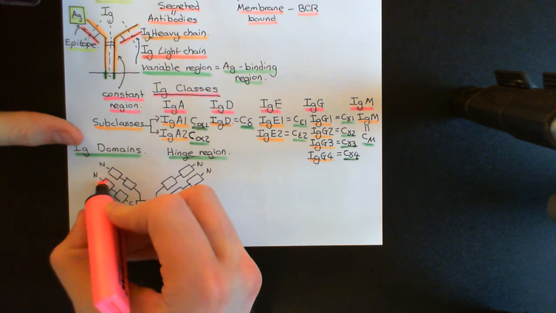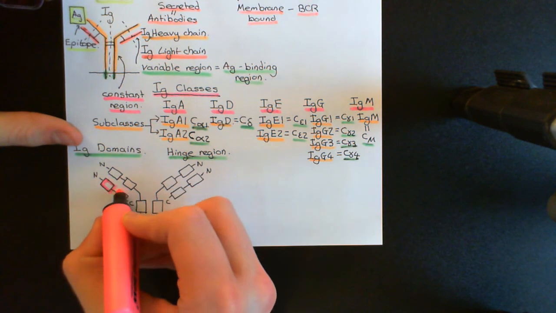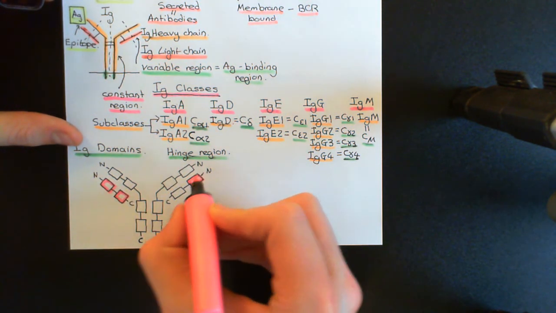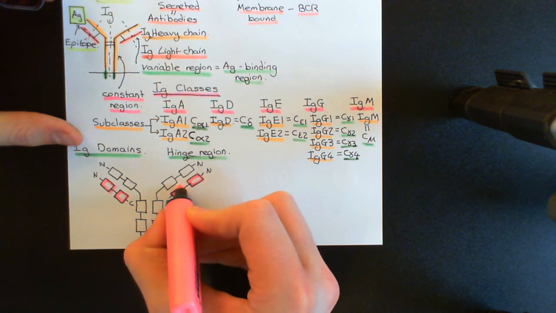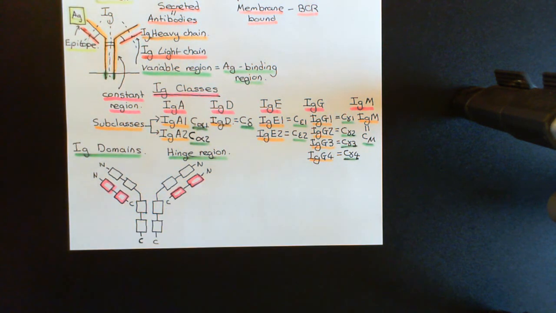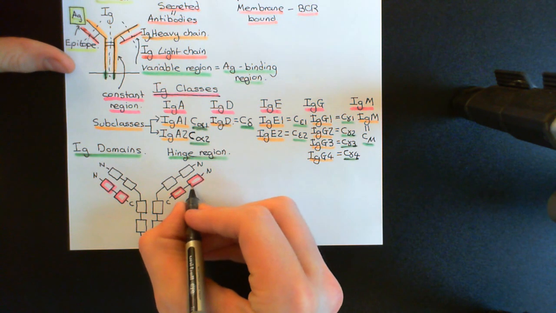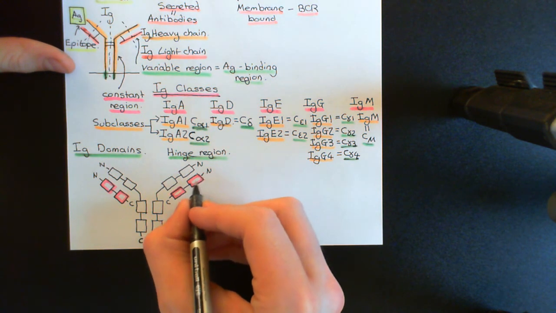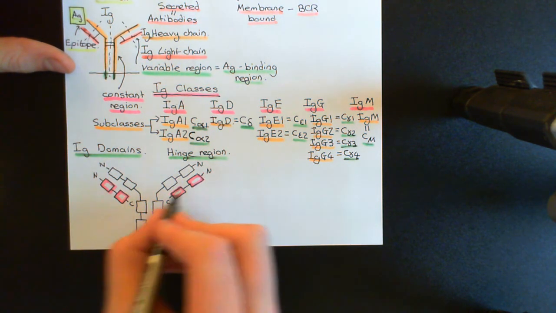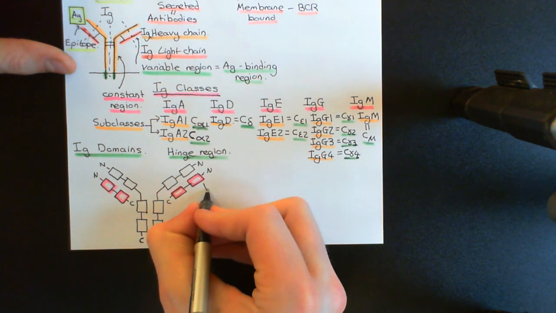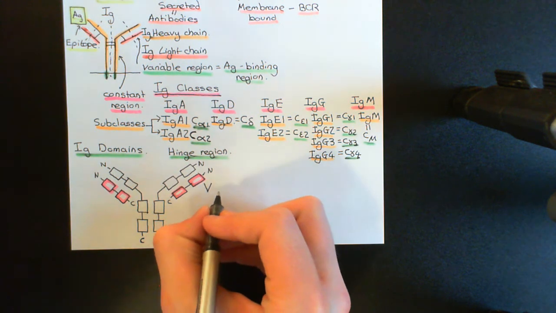So we'll have the immunoglobulin domains of the immunoglobulin light chains in pink here, like so. And there are names for these different immunoglobulin domains of the light and heavy chains. So this immunoglobulin domain, right up at the amino terminus of the light chain, and of course it will be identical to this one. Remember, these two proteins are absolutely identical. This domain is known as the variable domain of the light chain.